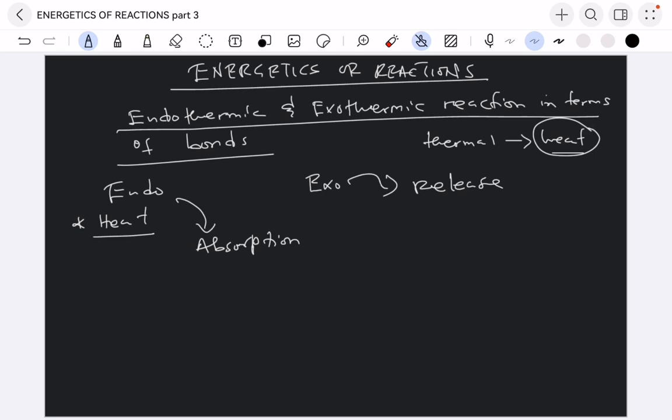So in an endothermic reaction, heat is absorbed, then in an exothermic reaction, heat is released.